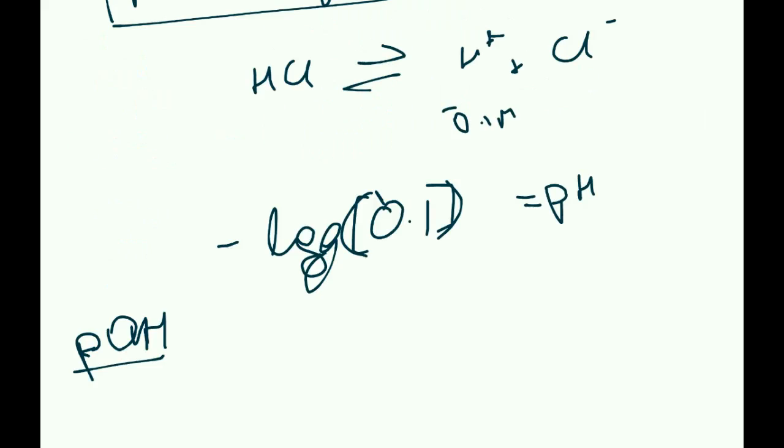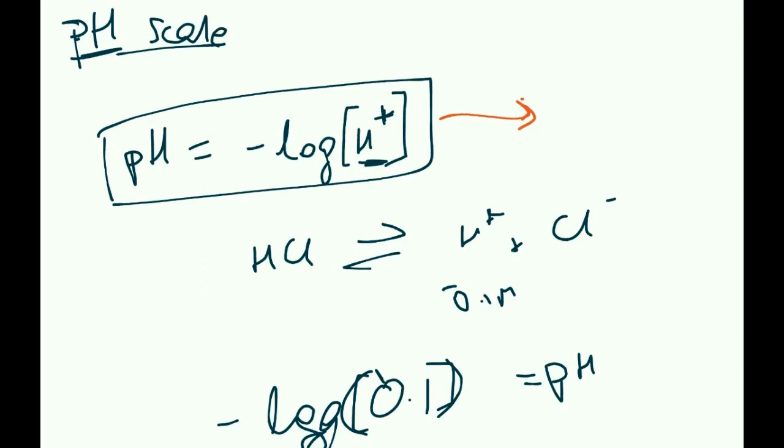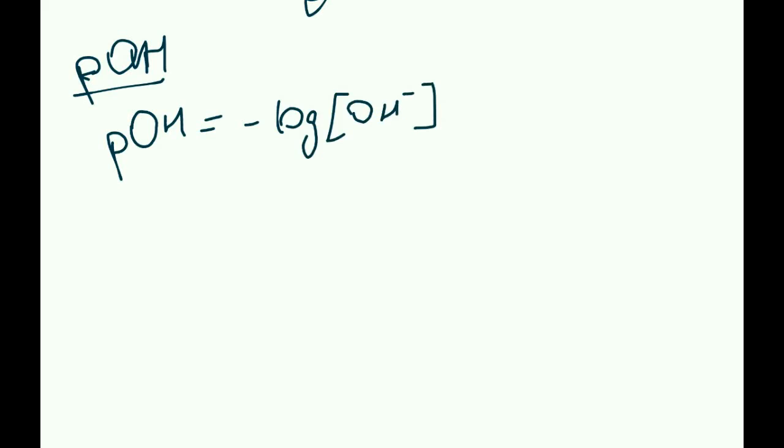Now there's something else called pOH. pH depended on the concentration of the H plus ions, didn't it? But pOH is dependent on the concentration of the OH negative ion. So pOH is the negative log of the concentration of OH negative ions.